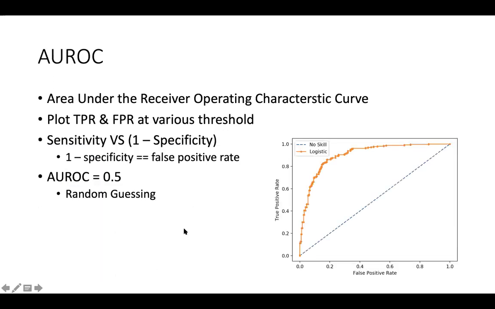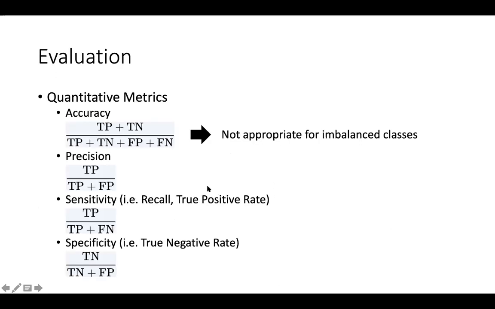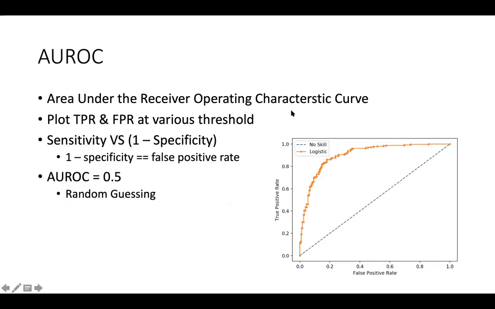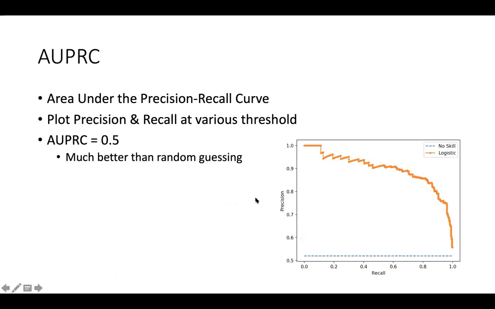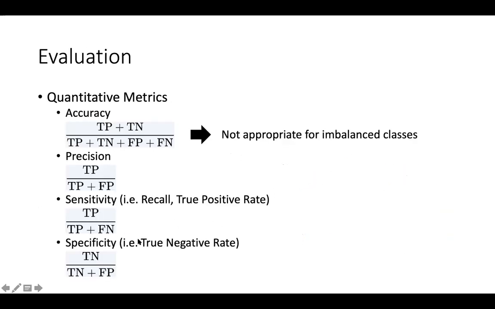Sensitivity and specificity are combined to give you a score called AUROC, which is the area under the receiver operating characteristic curve. In this case, one axis is the true positive rate, which is again recall. Another axis is the false positive rate, which is 1 minus specificity.